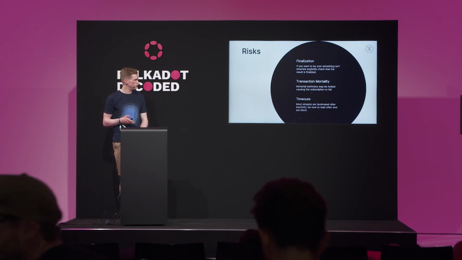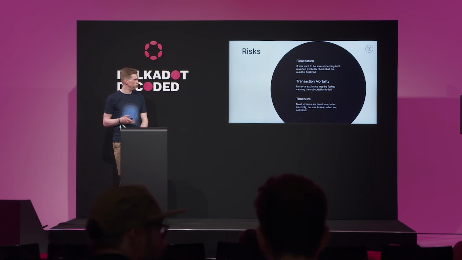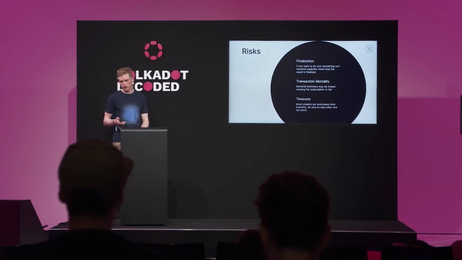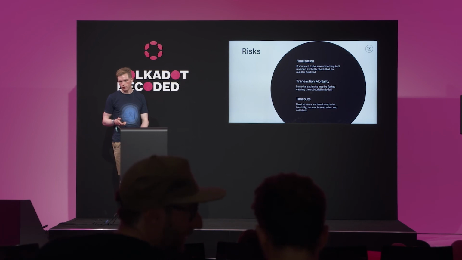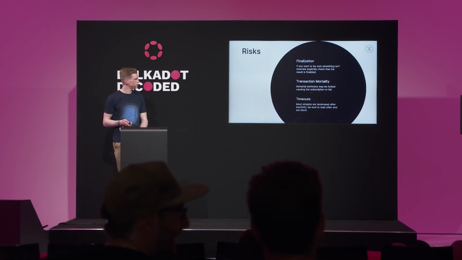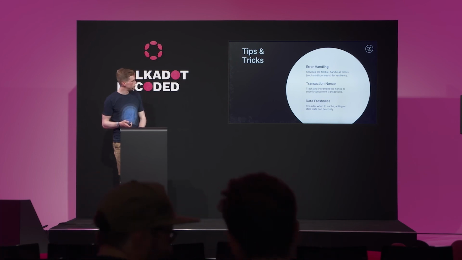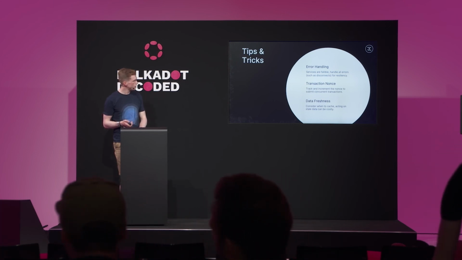So it's worth making sure that these aren't blocked in any way, and you can continue polling and running your logic against those. I think this also refers to timeouts in general, and making sure that you don't retry too early. These are some tips and tricks that we've come across.